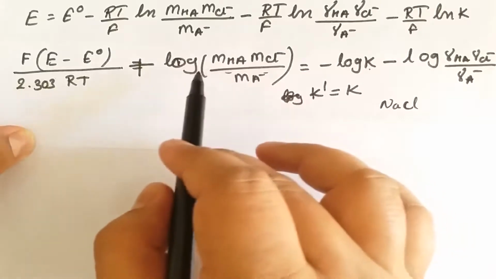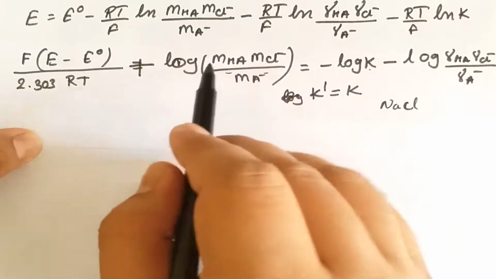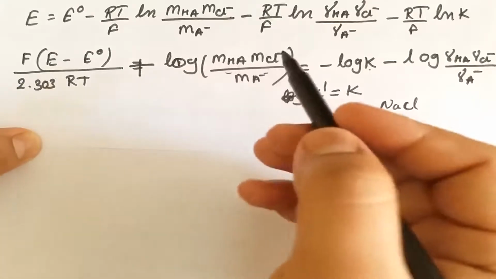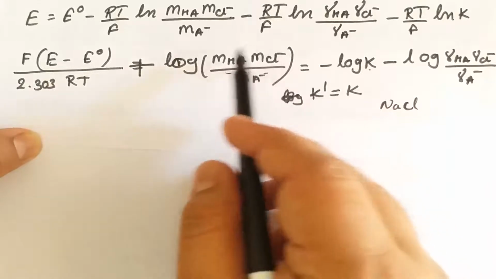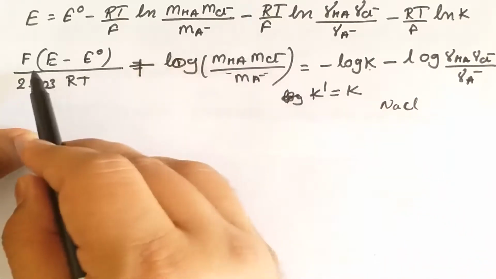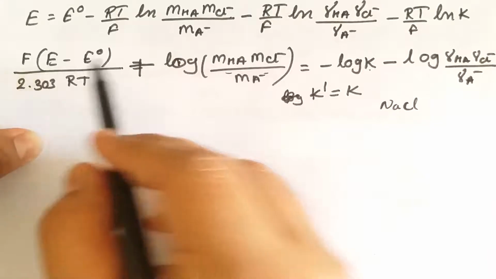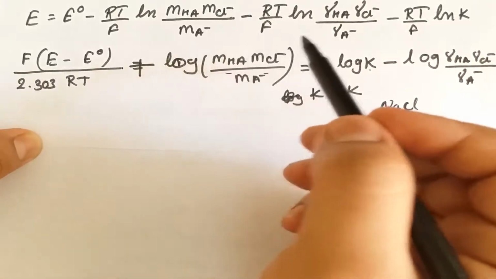And if the values of the left hand side are plotted against the ionic strength of various molalities, that is, we are preparing solutions of different molalities and then we are measuring different EMF, and we know that for different molalities the ionic strength will be different.